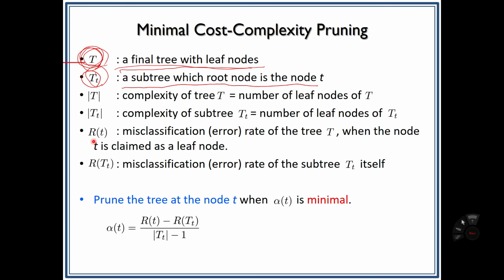And then this R of t is the misclassification rate of the tree T, the misclassification rate by this tree based on the training set when the node t is claimed as a leaf node.